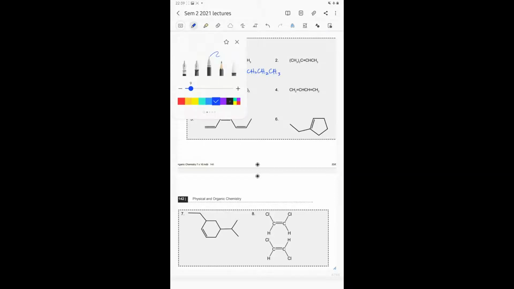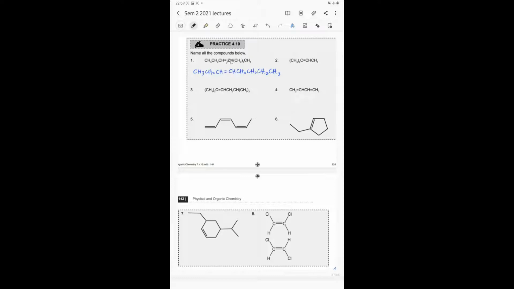Now let's give the number to the carbons. The position of carbon number 1 must be nearest to the C double bond C, because that is the functional group in our question. So we should start from the left: 1, 2, 3, 4, 5, 6, 7, 8. We have the double bond at carbon number 3, so you take the number of the starting point of the C double bond C, which is carbon number 3.